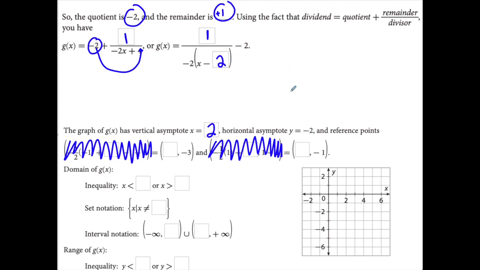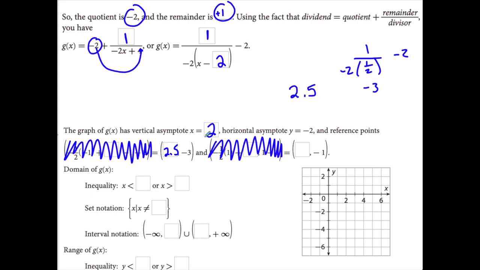Well, it would be if I had 2.5. Because if I had 2.5, 2.5 minus 2 is 0.5, or a half. And negative 2 times a half is negative 1. 1 over negative 1, so I get negative 3. So I get 2.5, negative 3.